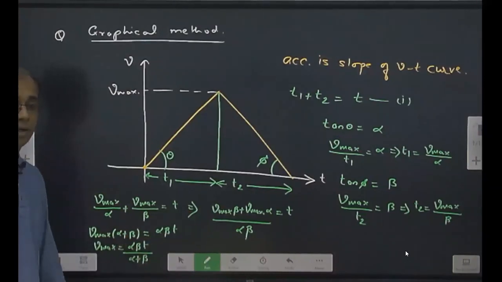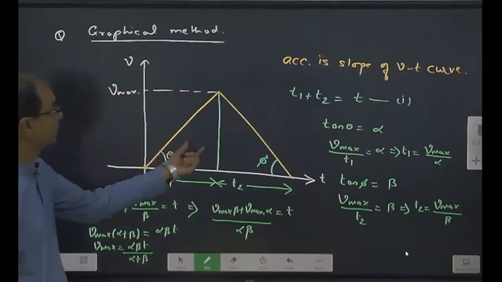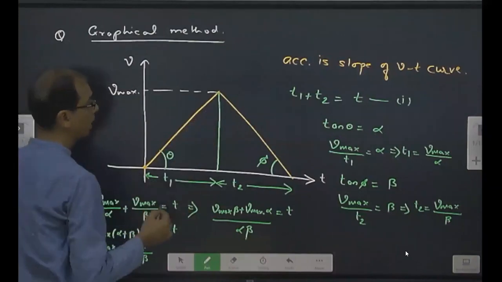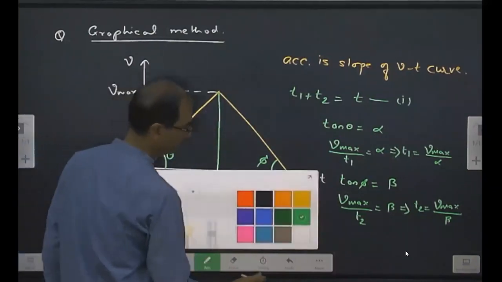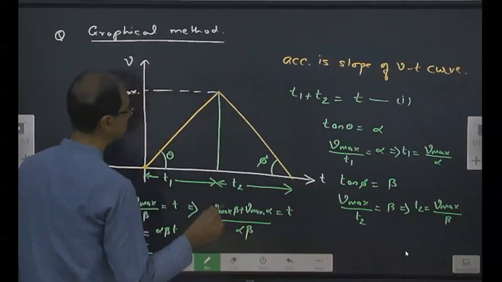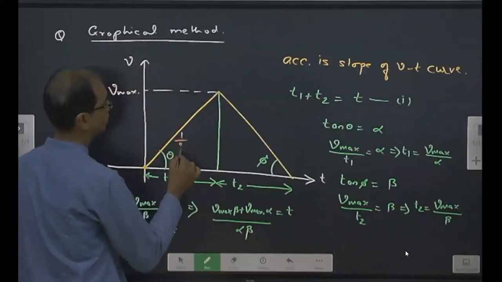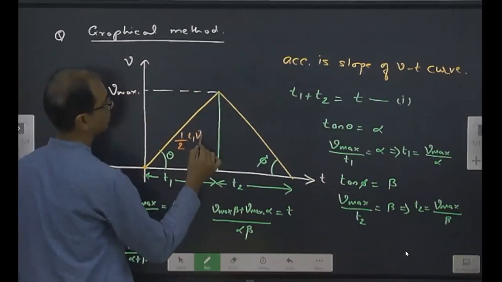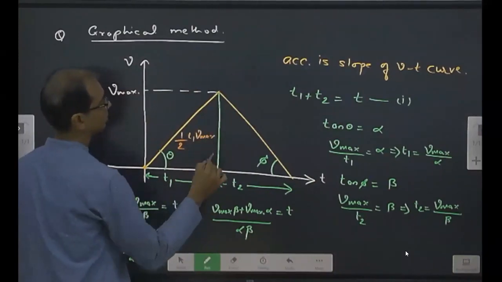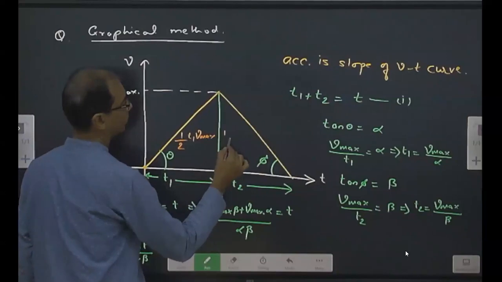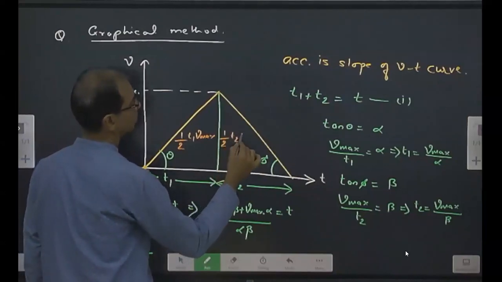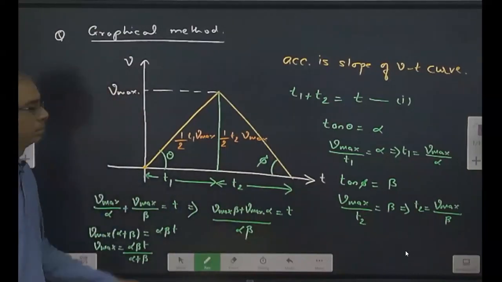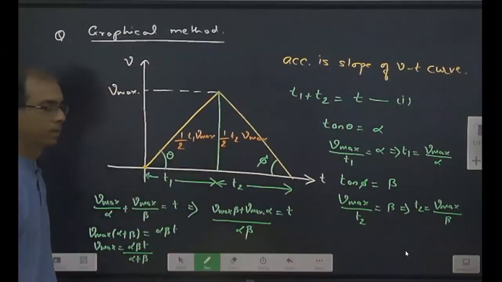Then I have to find distance also. Distance means its area. What is its area? Half base into height. So half T1 into V max, plus half T2 into V max. Add both.